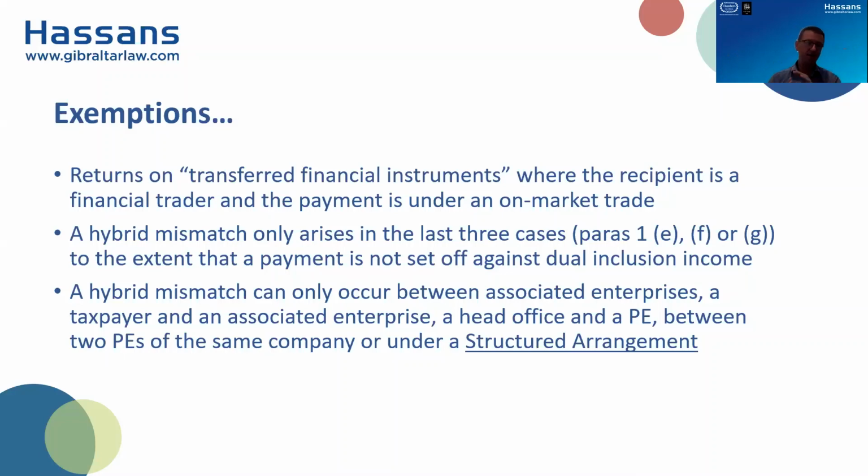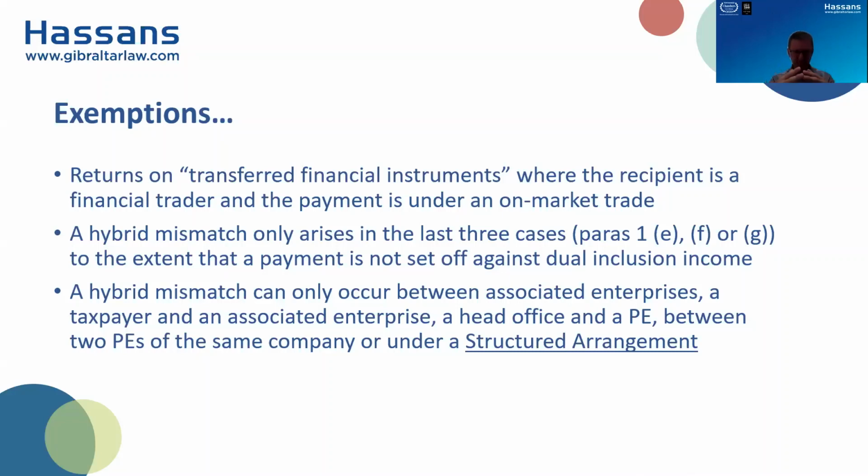And then finally, and the most important exemption, a hybrid mismatch can only occur between associated enterprises, or a taxpayer and an associated enterprise, or a head office and its permanent establishment, or between 2 permanent establishments of the same company, or under what is classed as a structured arrangement.